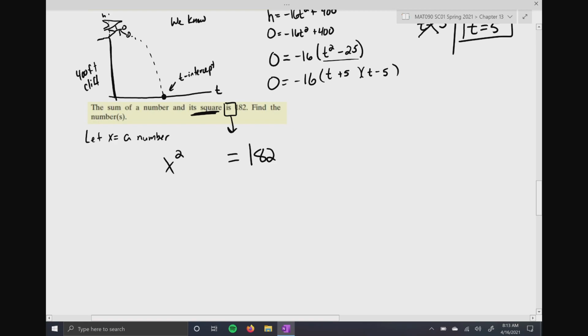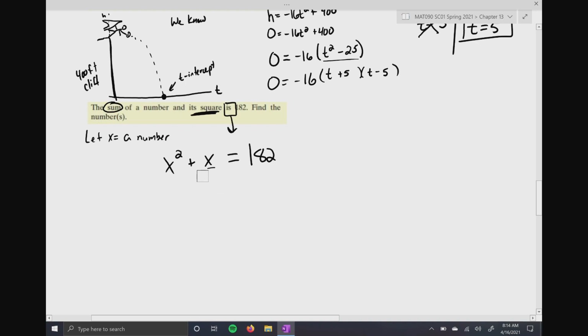Well, you got a sum, so I need to add something else. I mean, you can't take the sum of one number. It has to be at least two. What are the two numbers? The sum of a number and its square. So what's the other number? What goes right here? x. Perfect.